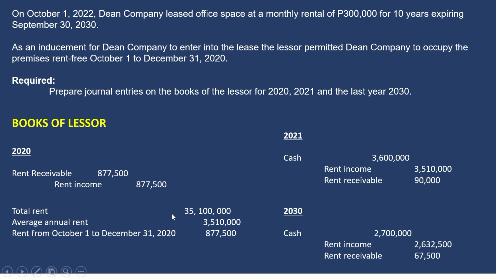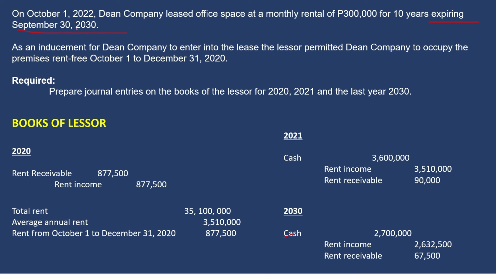Next is for the last period, the year 2030. So here we debit cash 2,700,000. Anong 2,700,000 man? Because last year na ni. And according sa problem, 10 years, expiring September 30, 2030.